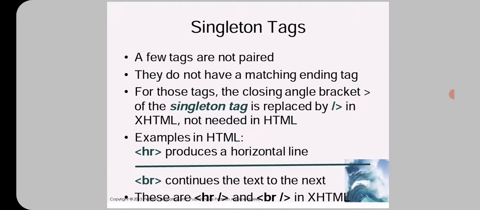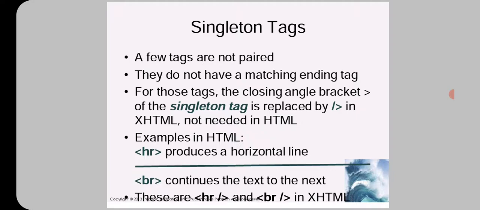What are singleton tags? A few tags are not paired. They do not have a matching ending tag, and the closing angle bracket of the singleton tag is represented by a slash in HTML.